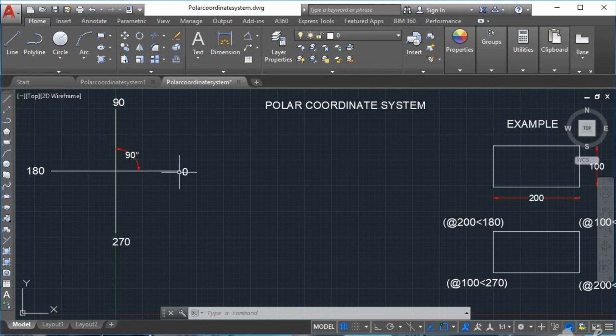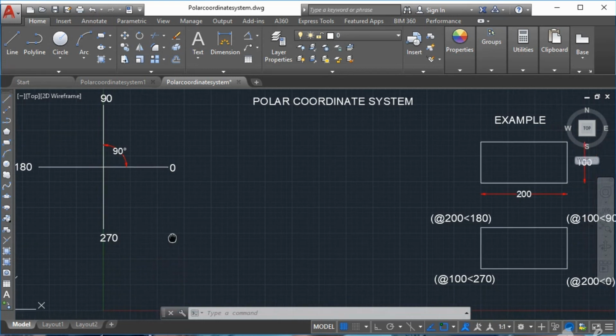Here the x-axis is 0 degrees, the top side of the y-axis is 90 degrees, and the left side, the negative x-axis direction, will be 180 degrees, and the negative y-axis direction, perpendicularly, will be 270 degrees.